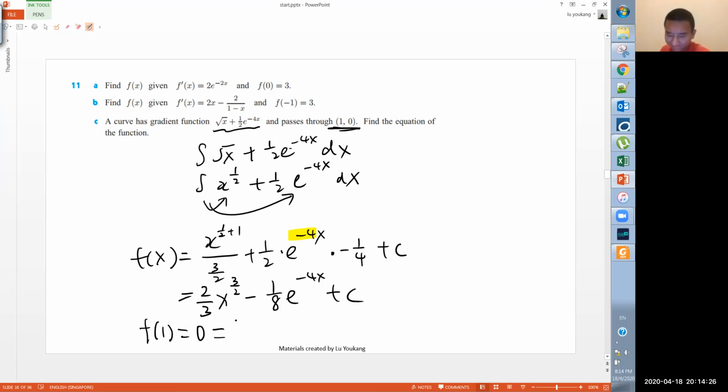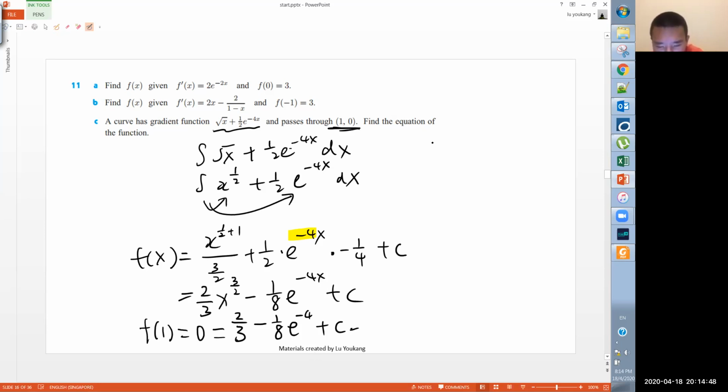So you put 1 into it, and you'll get this. So you get 2/3 times 1, so it's 2/3. So e to the power of -4 times 1, so it's -4 plus C. So just solve for your C.